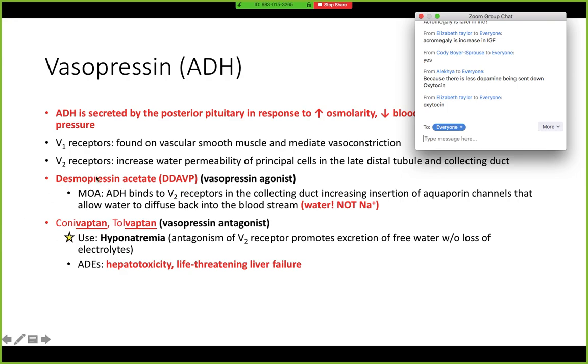And if he was going to test you on one of these, my guess would be conivaptan or tolvaptan because you've talked about it less, and then he could easily talk about hyponatremia and ask what you were going to treat it with. Okay, and the important adverse effect is the fact that it's hepatotoxic and leads to life-threatening liver failure.